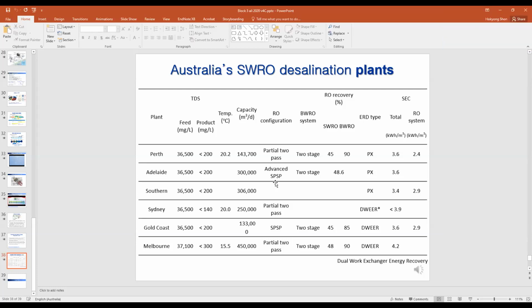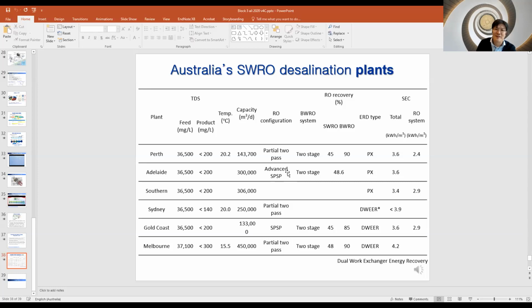And what do you mean? Because I'm saying, of course, advanced split partial single pass. So what would advanced be? Do they do something besides the permeate and work with the brine? What does it mean that it's advanced, for example, in Adelaide? All right.